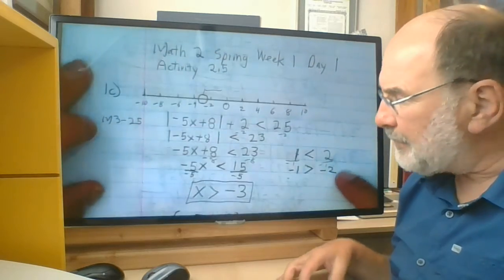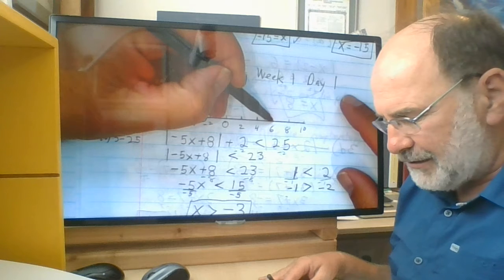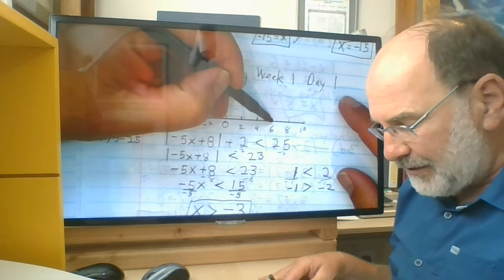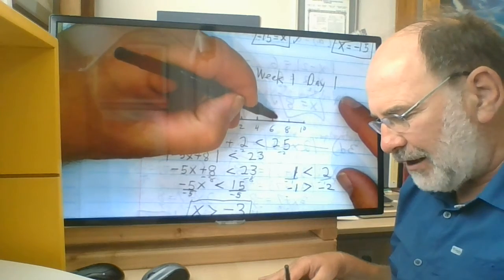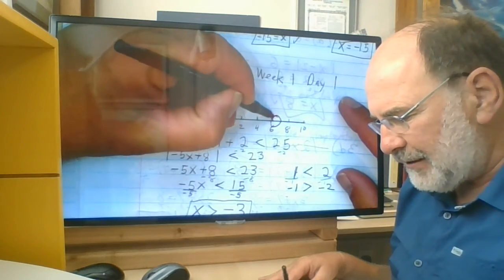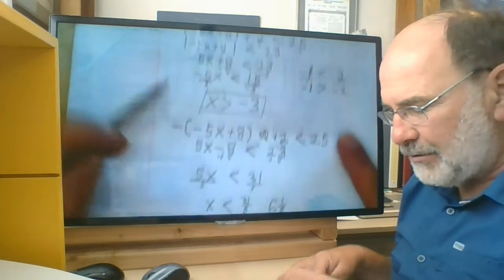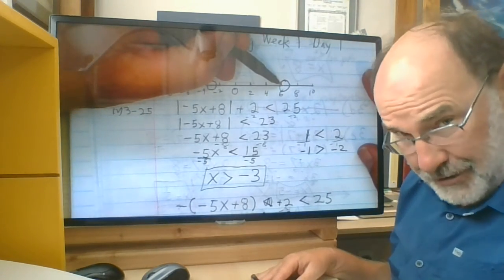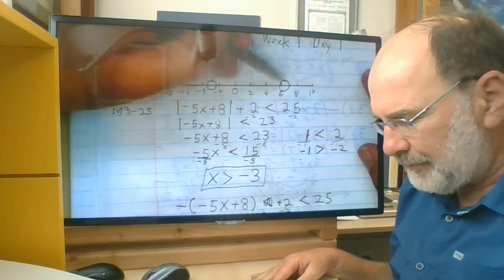Now go graph it. Back here on this number line, 6 1/5 is 1/10 of the way from 6 to 8. So it's almost right on top of 6. It is strictly less than, so I draw it as an open circle at 6 1/5.